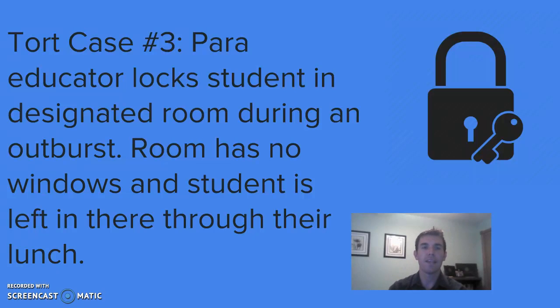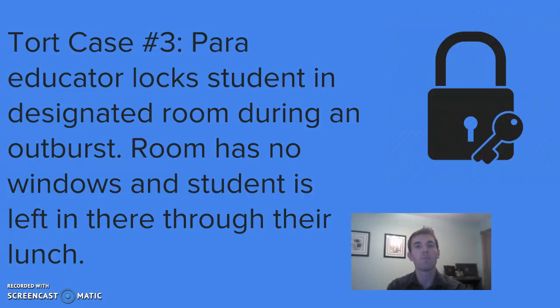So also, by the paraeducator being the one that enforced this instead of a certified staff, there could be a breach in duties there because they may not have the same standard of care that a certified teacher does. They may not have the same level of training that a special education teacher has as far as how to handle students with high special needs.